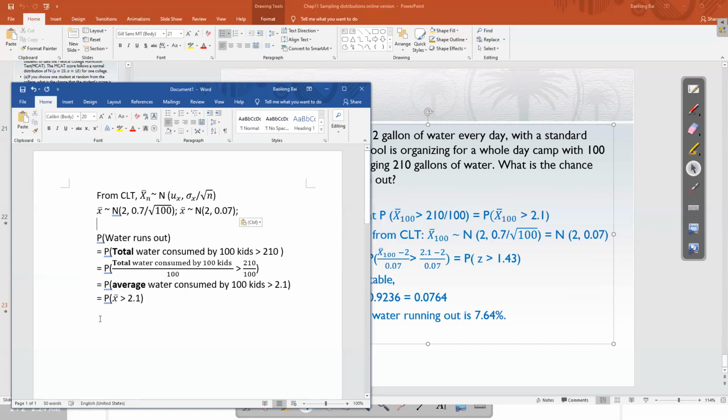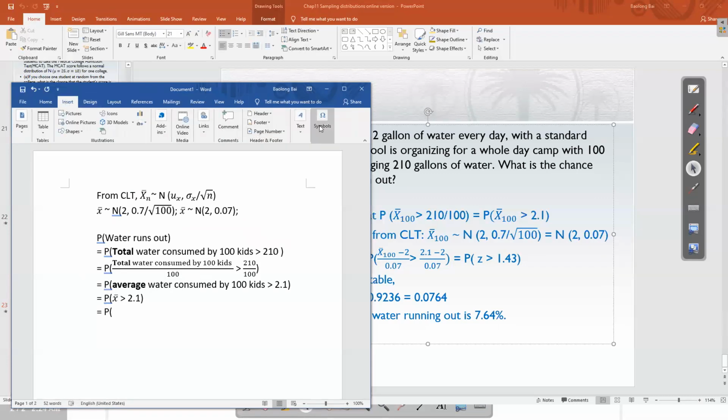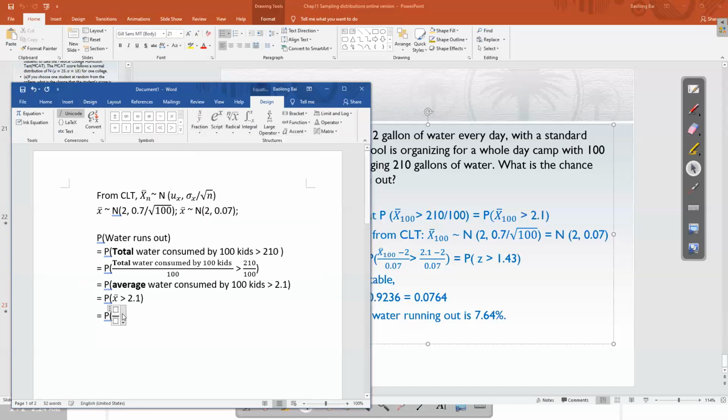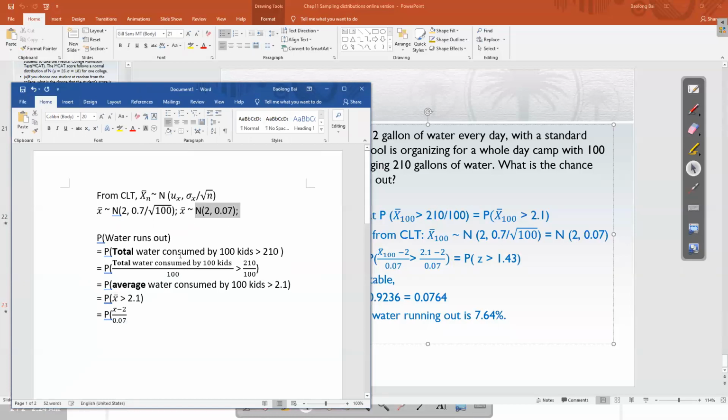So this will be the probability of, on each side, we're going to standardize by using z equal to x minus mu divided by sigma, right? So we're going to use x bar, subtract the mu. Mu is 2, divided by sigma, 0.07, right? So the parameters are right here.